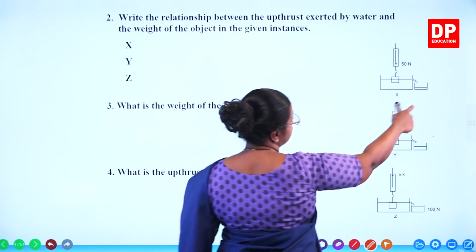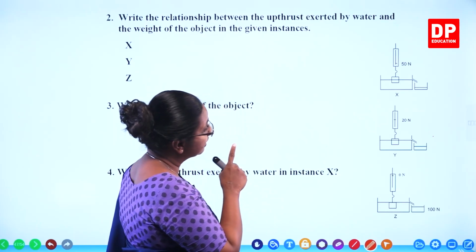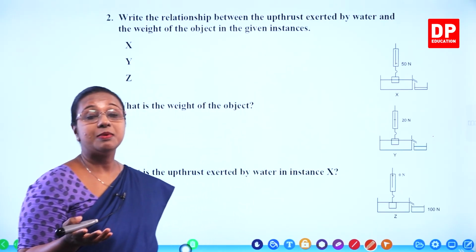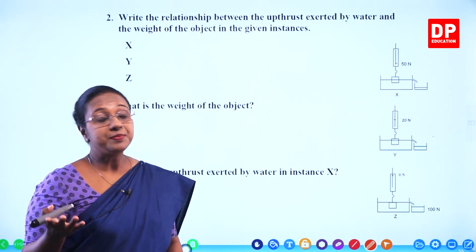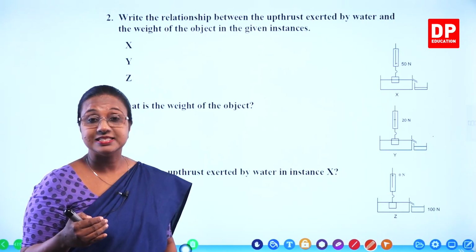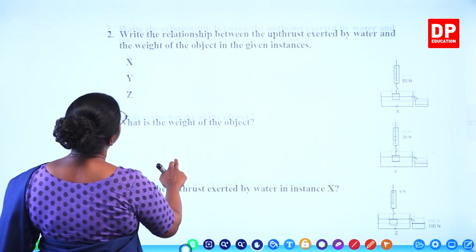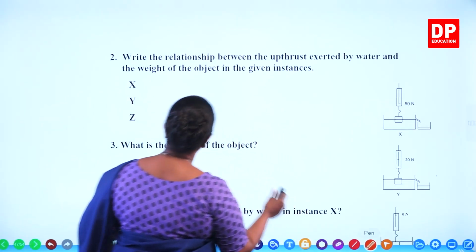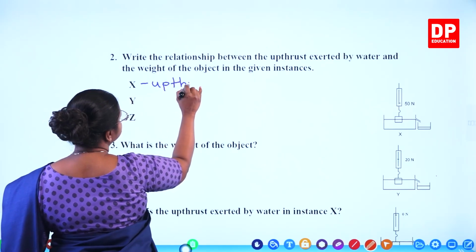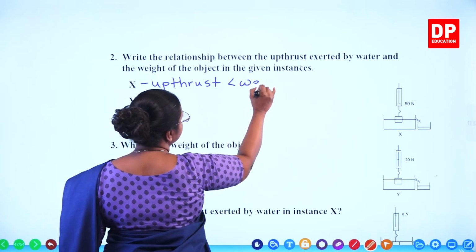So in the first instance, X, the weight of the object is 100 Newton, but the reading shows as 50 Newton. So what can you say about the upthrust? Upthrust is 50 Newton. So upthrust is less than the weight of the object. So this is what we have to write. In X, upthrust is less than the weight.